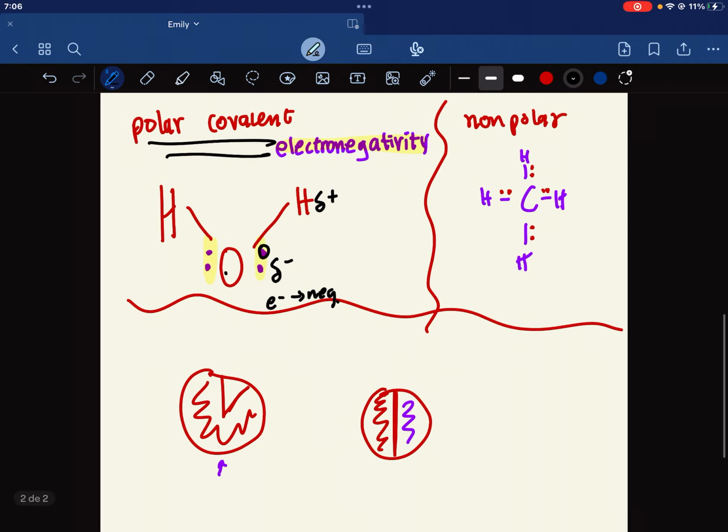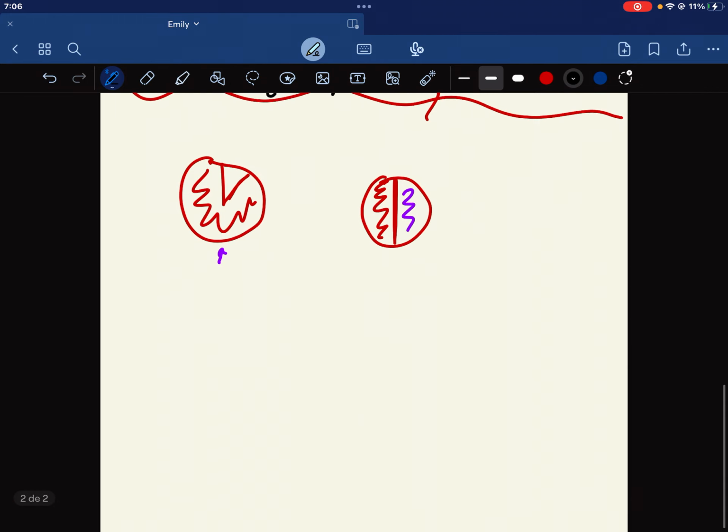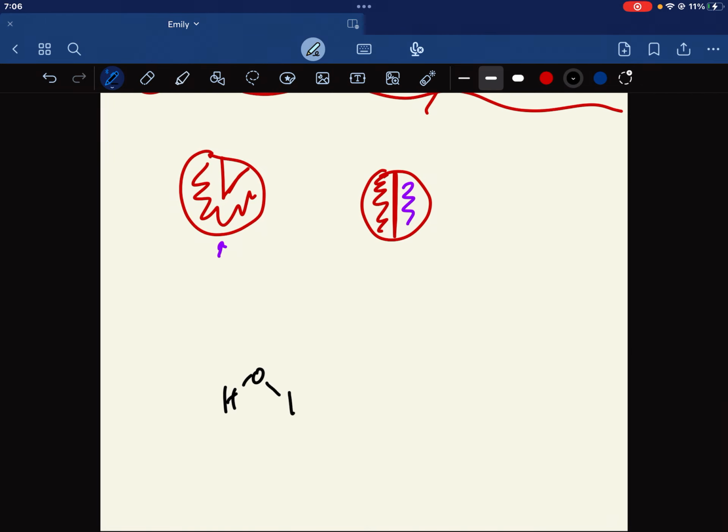Beautiful. All right. Now, what that means is if I have a bunch of waters, I'm going to have a bunch of things floating around with partial negatives and partial positives. And remember, what was the basis of chemistry again?